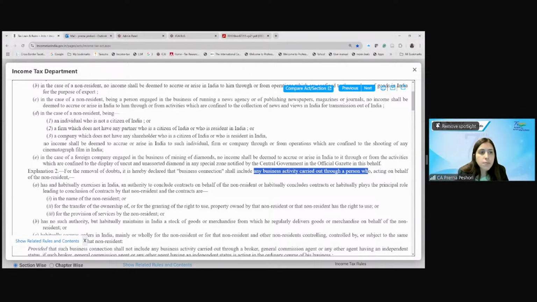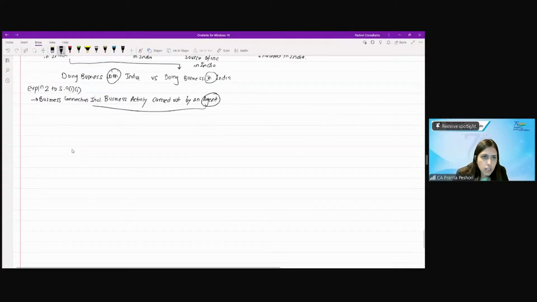Right? So just write this much first. So an agent who has and habitually exercises authority to conclude the contracts.